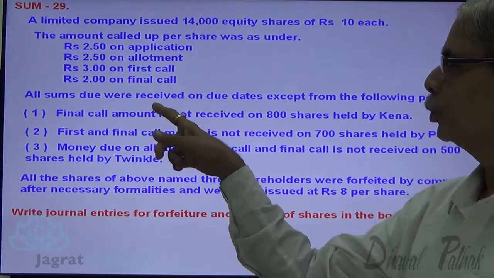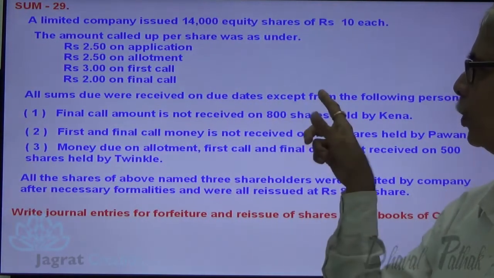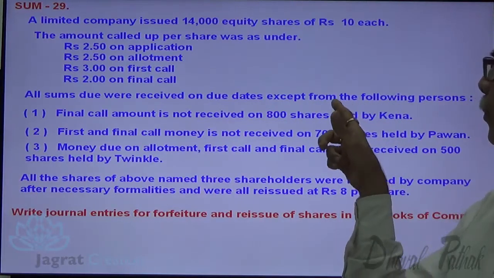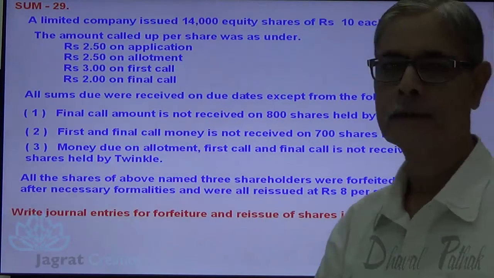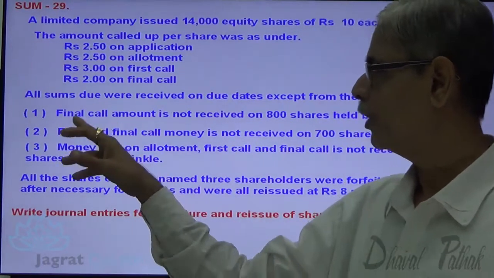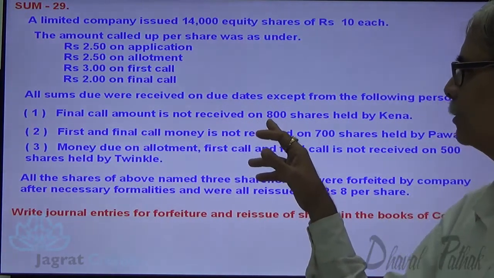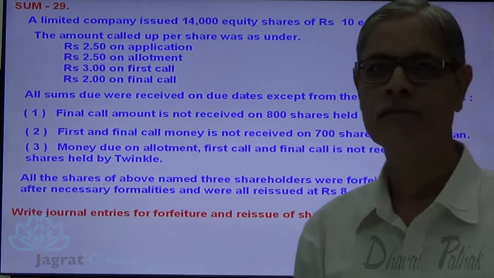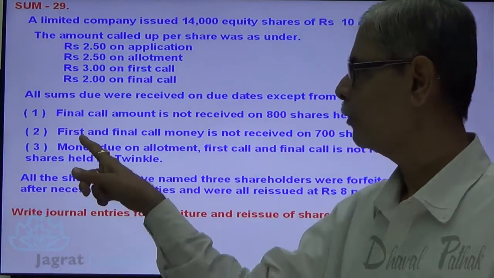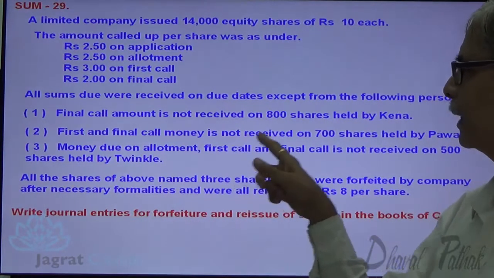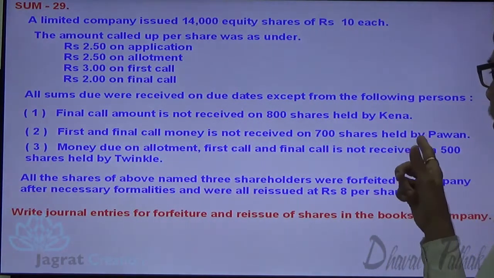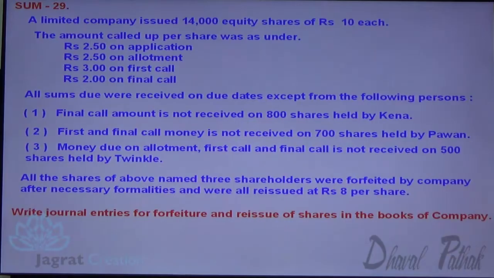All sums due were received on due dates except from the following persons. Final call amount is not received on 800 shares held by Kena. First and final call money is not received on 700 shares held by Pawan.